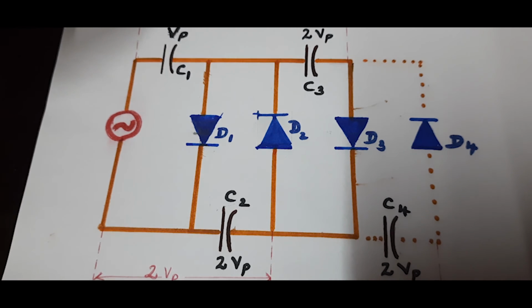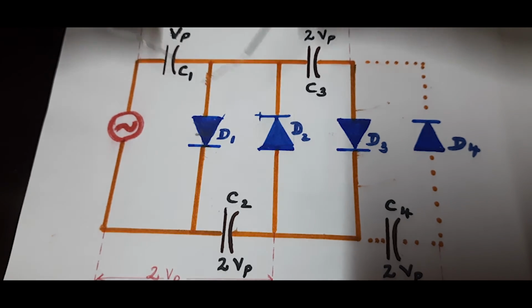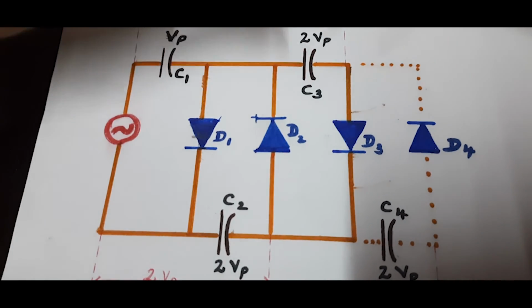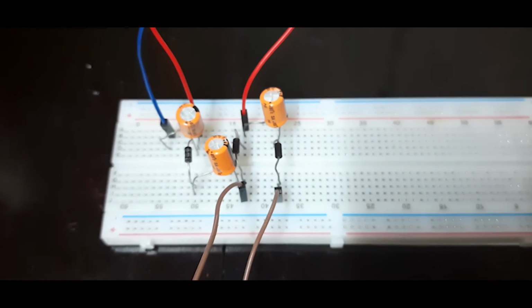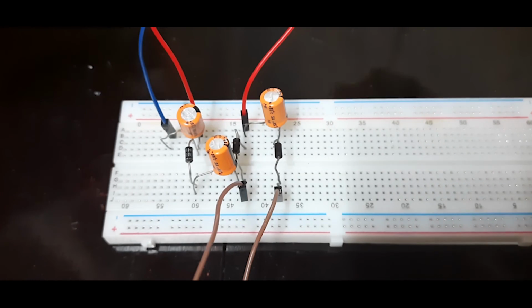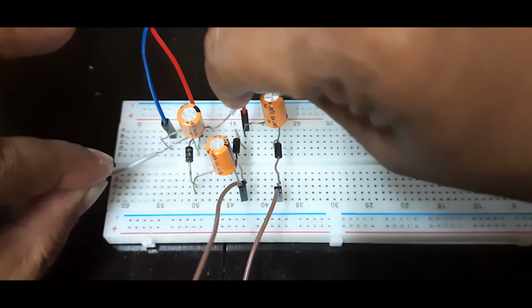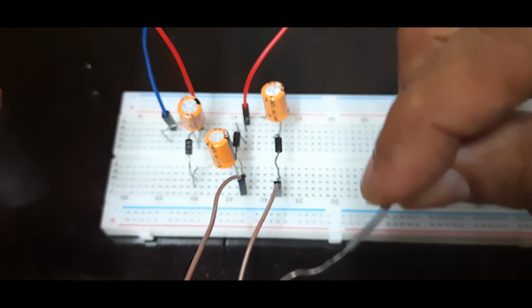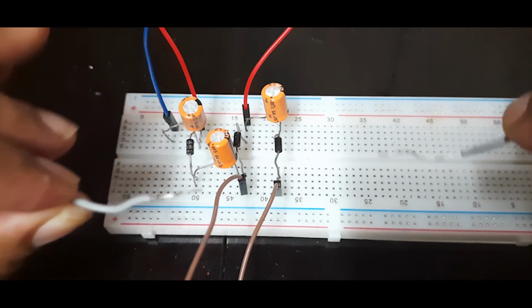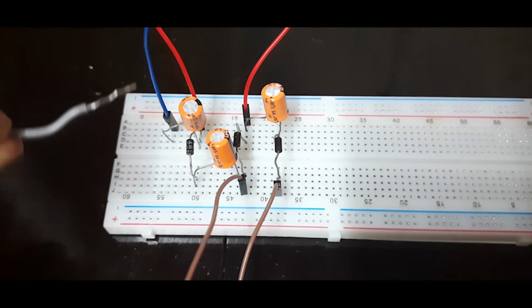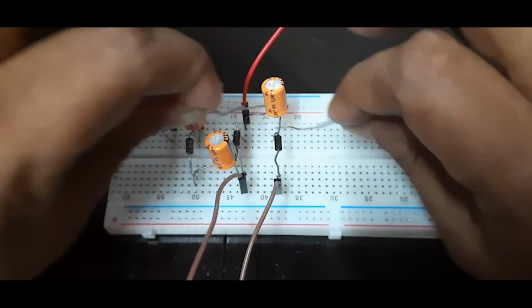That is, you take a wire and just short the two terminals of the capacitor like this. Of course, not in the diagram, but in the circuit. So if this is a circuit, the positive and negative ends of the terminals of the capacitor should be shorted with the two ends of a wire. The two ends of the wire should be used to short the capacitor.